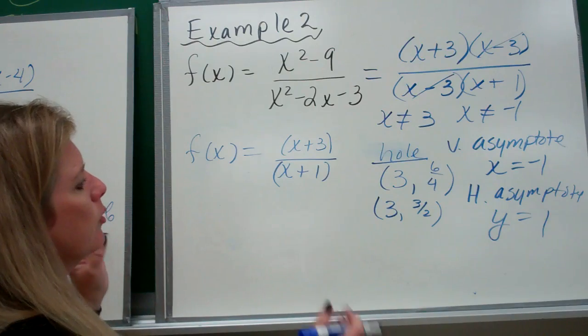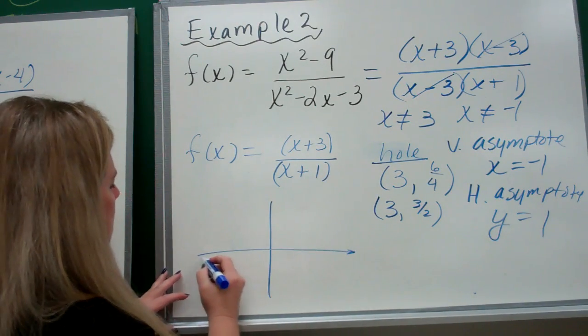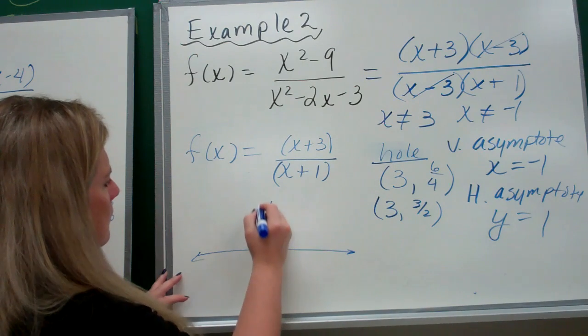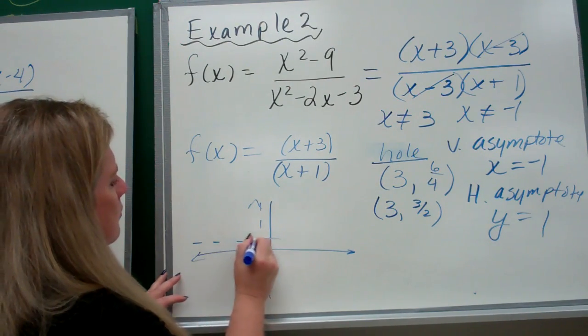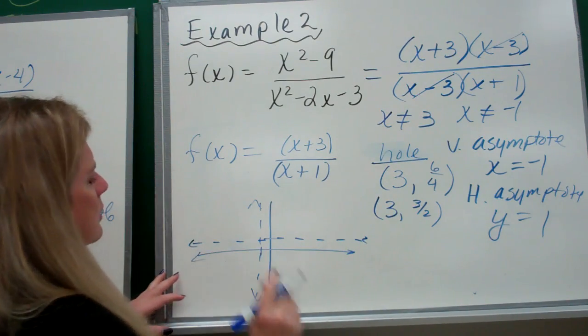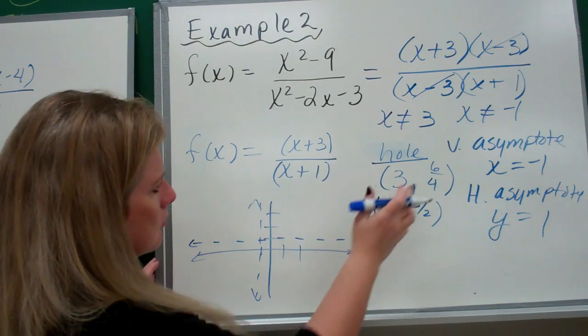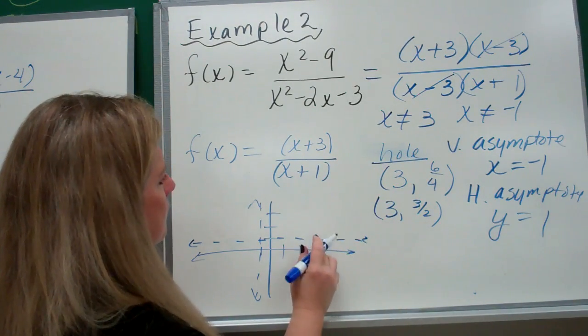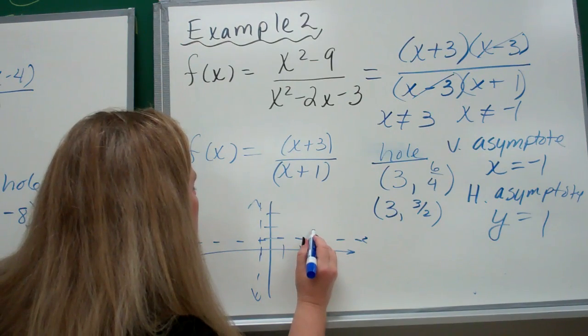So if we were to graph this, there's your vertical asymptote. There's your horizontal asymptote. At 3, 1.5, we have a hole.